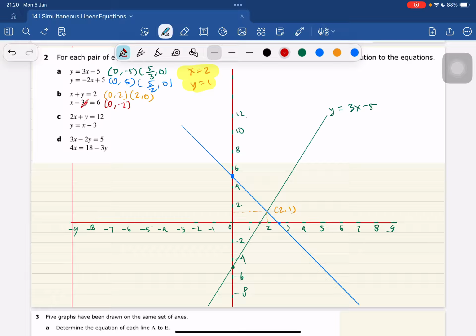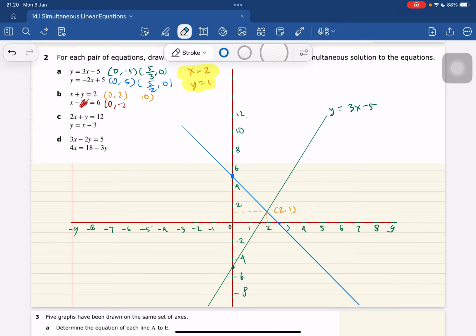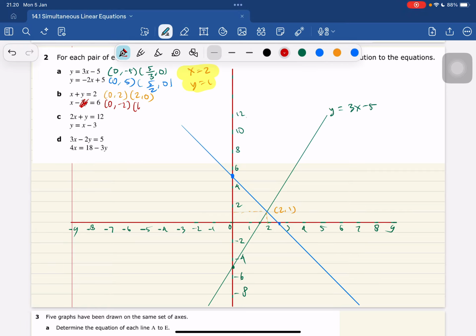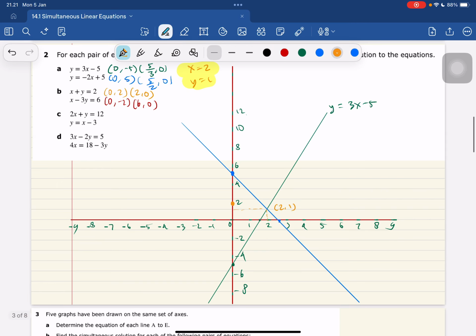Next, when y equal to 0, x equal to 6. So (6, 0). Okay, we got these two points. Let us draw. When x is 0, y is 2, here. And then when x is 2, y is 0, here. So let us draw the straight line.